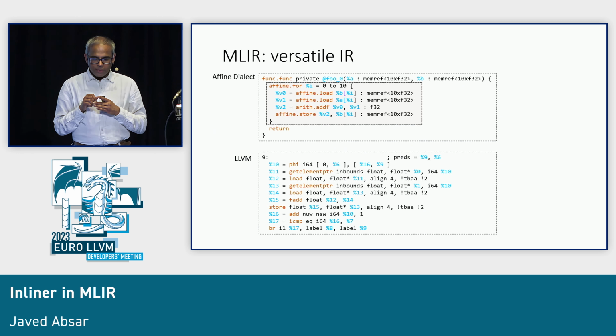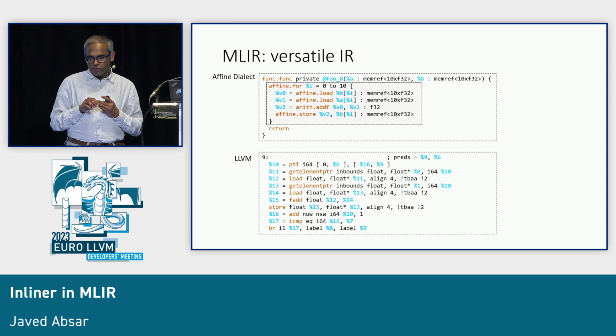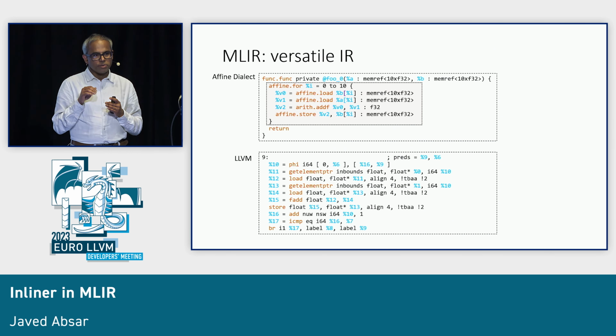The code that you see below is the LLVM IR that's generated by lowering the Affine.for above, first into the LLVM dialect inside MLIR, and then generating the LLVM IR that the usual LLVM compiler backend can take. Now, the thing to notice is that with LLVM, we are all familiar with it, we see the different instructions, and these are in the language reference.